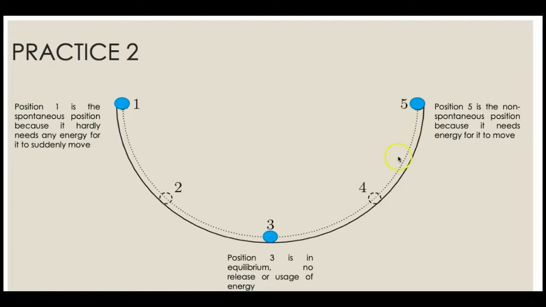And when the kinetic energy finishes and it reaches the 3rd position, it is in equilibrium, meaning it doesn't need any energy to maintain, nor does it release any energy. Spontaneous, non-spontaneous, and equilibrium.